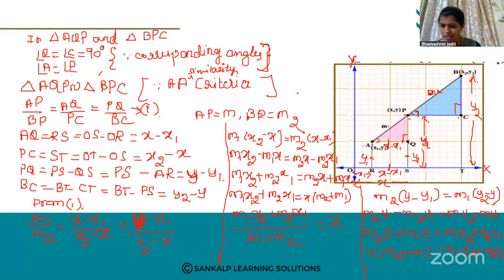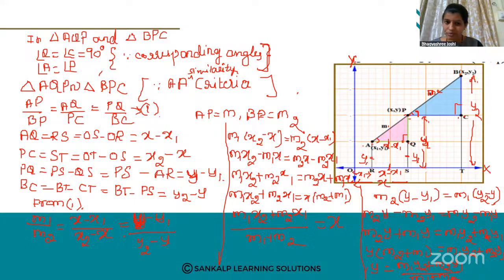Now transfer this M2 plus M1 to this side, so Y is M1 into Y2 plus M2 into Y1 divided by M1 plus M2. M2 plus M1, M1 plus M2, both are same.